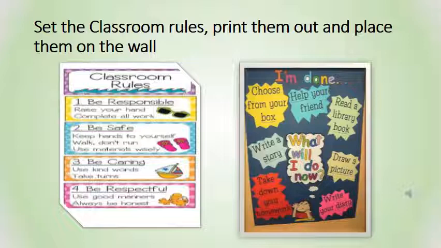You cannot always tell them the rules verbally, but you can print them and make a poster and place it on the wall where the students can easily see it. So whenever you want the students to follow the rules, you can point to the poster.